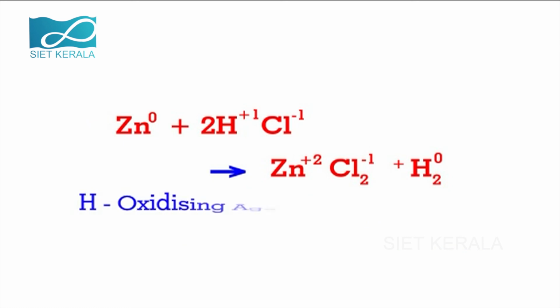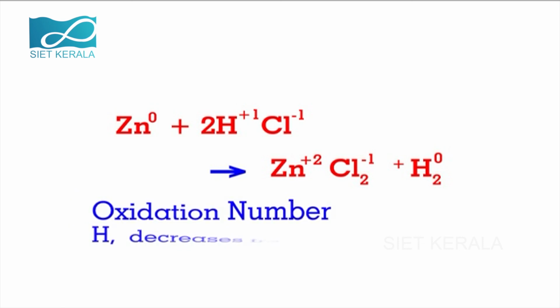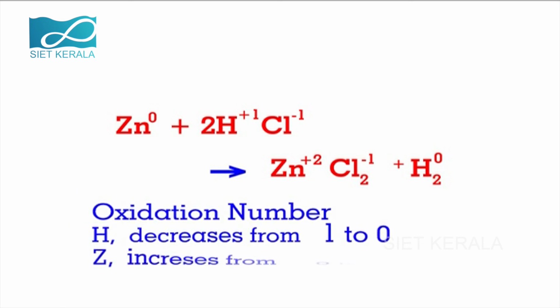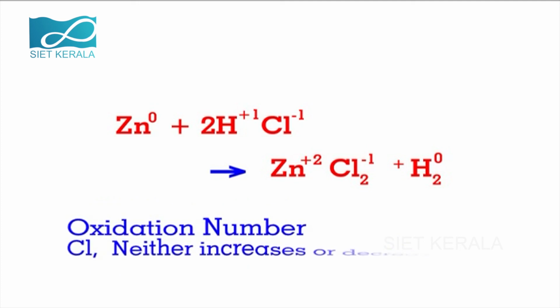Let us see another reaction, of zinc with hydrochloric acid. Here hydrogen is the oxidizing agent, and zinc is the reducing agent. The oxidation number of hydrogen decreases from +1 to 0, and the oxidation number of zinc increases from 0 to +2. The oxidation number of chlorine neither increases nor decreases.